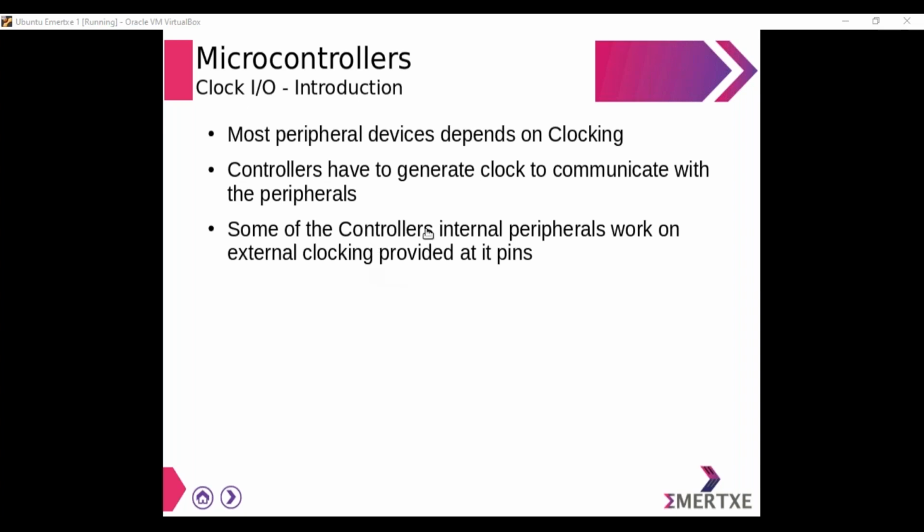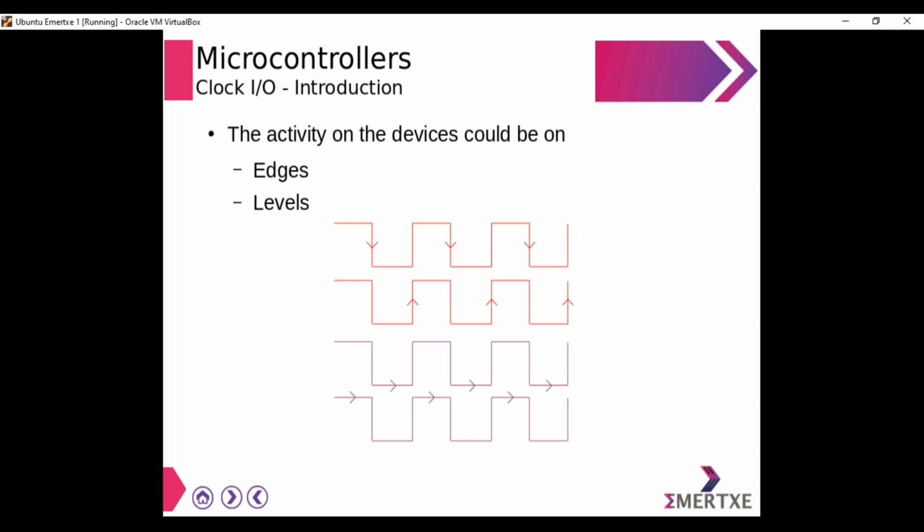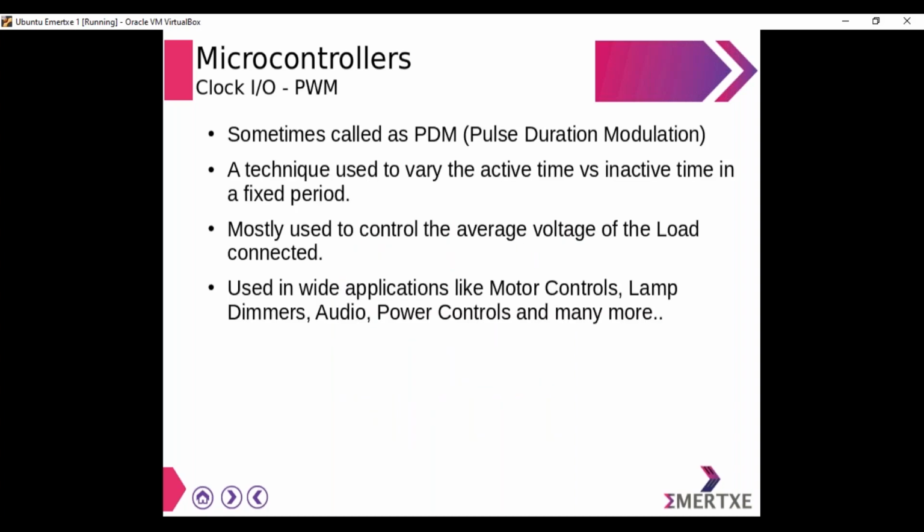Some of the controller's internal peripherals may also work with the help of an external clock which is provided at a pin of the microcontroller. And the action can either be taken on the edges or at the level. Edges are the falling edge or the rising edge. Levels can be either a low level or a high level.